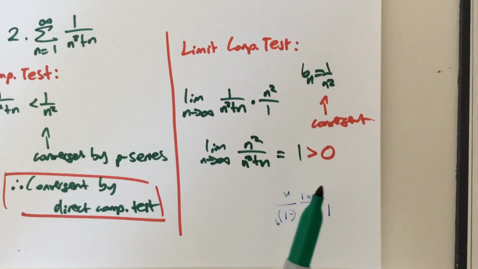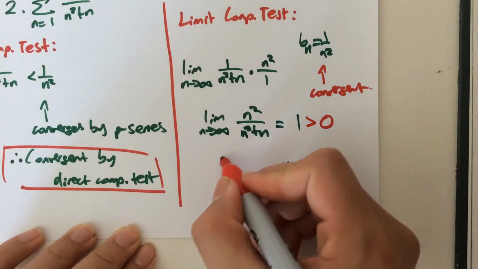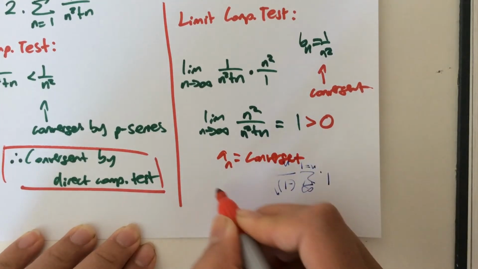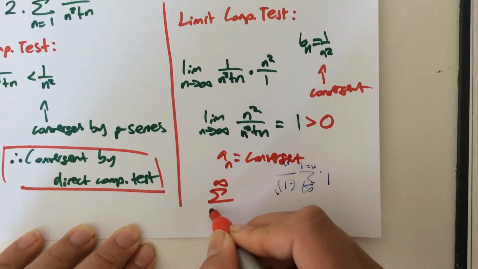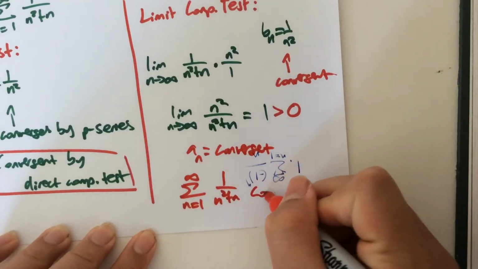And because that's greater than 0, we know that the limit comparison test can be used, and because b sub n is convergent, then that means a sub n is also convergent, which means the series is convergent.